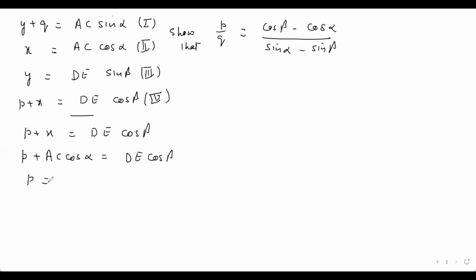So P is equal to DE cos beta minus AC cos alpha. DE is the length of the ladder, AC is also the length of the ladder. Instead of DE, I'm going to write AC, because both are the length of the ladder. Now P is equal to AC, taking AC common, you will have cos beta minus cos alpha in the bracket.